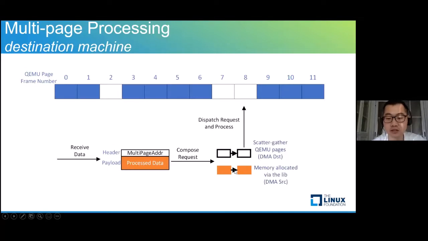So the device reads data from the compressed data, does decompression, and then writes those data to the destination side QEMU memory.